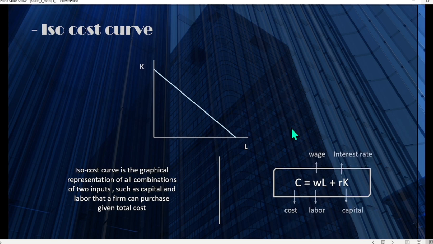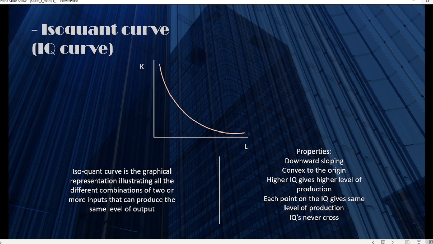Think of it like the producer's version of an indifference curve in a consumer's theory. Each point on the curve represents a different mix of labor and capital, but all points produce equal output.